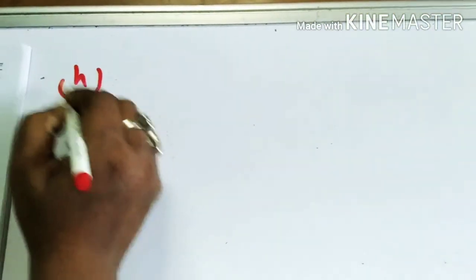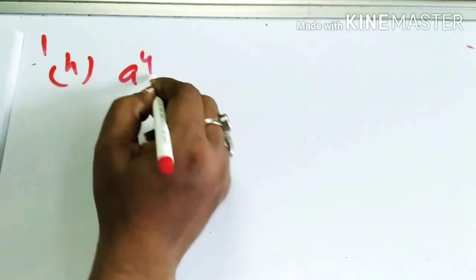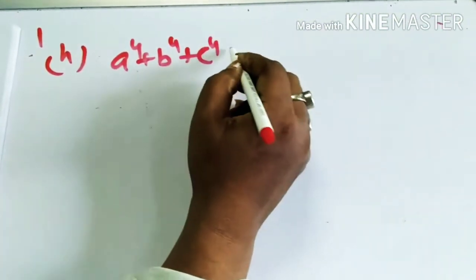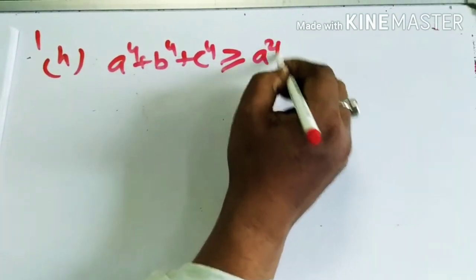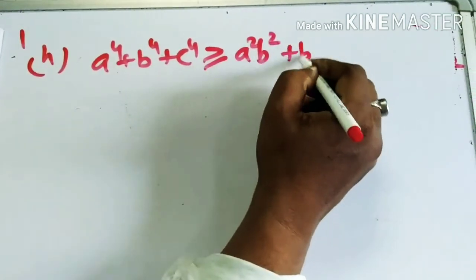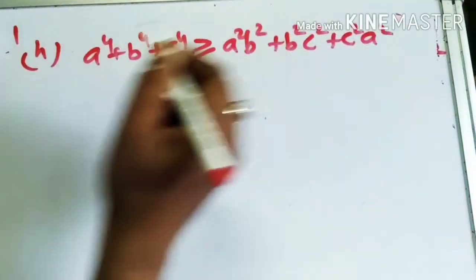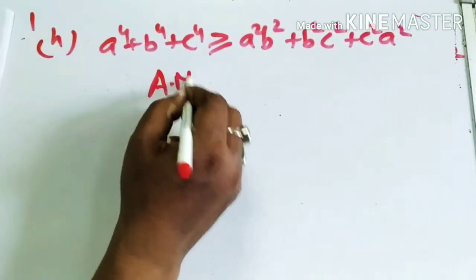Now I am going to question number 1H: a⁴ + b⁴ + c⁴ greater than or equal to a²b² + b²c² + c²a². Again, I am going to take the help of this theory.